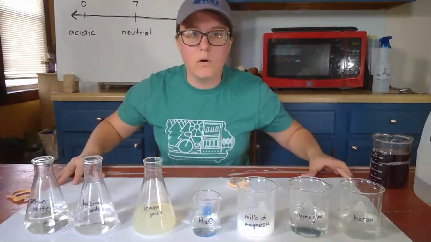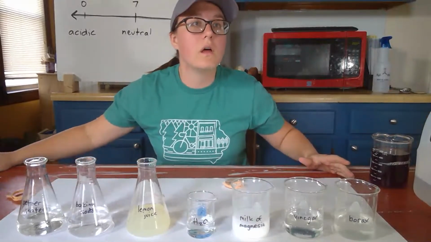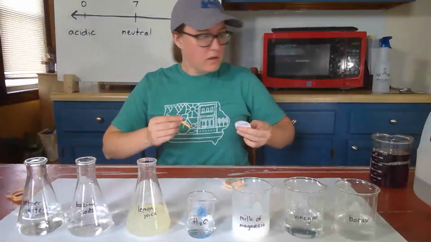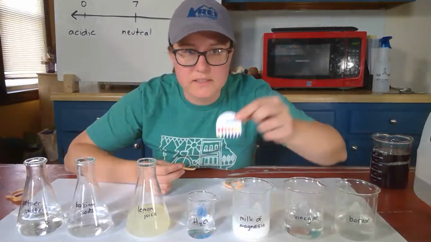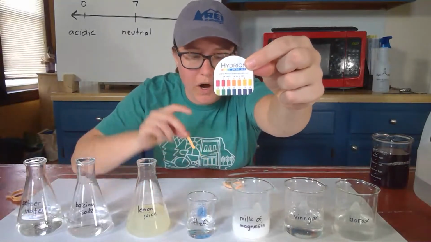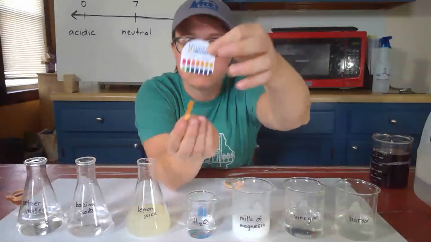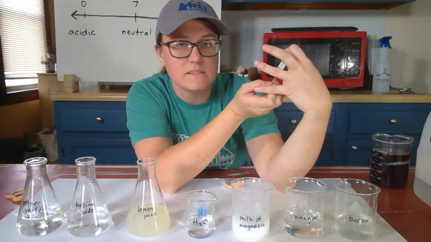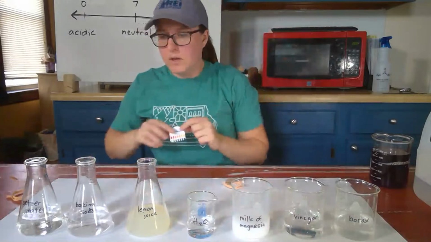Yep. Cool. Okay. So before we do each thing, I'm going to test the pH. So water should just be right in the middle. And it matches about at a 7.